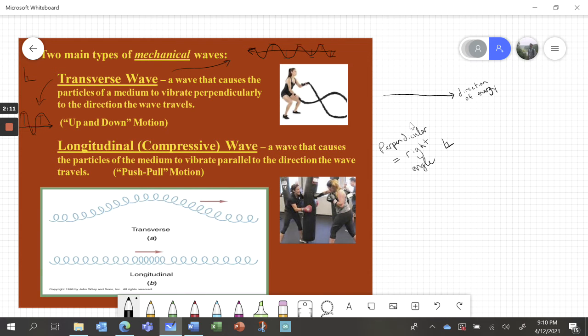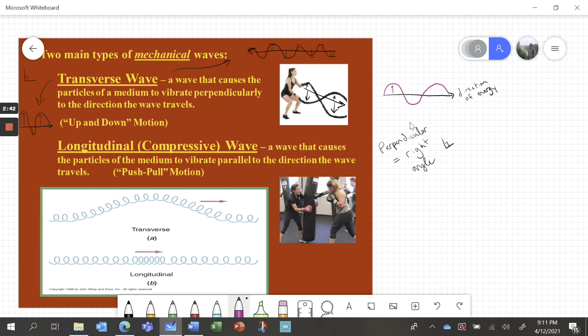Like, for example, this lady is sending energy this direction, but the rope is going up and down and up and down, right? So even though you're sending the energy this way, the matter of the rope or whatever it is that you're using is going to do this.